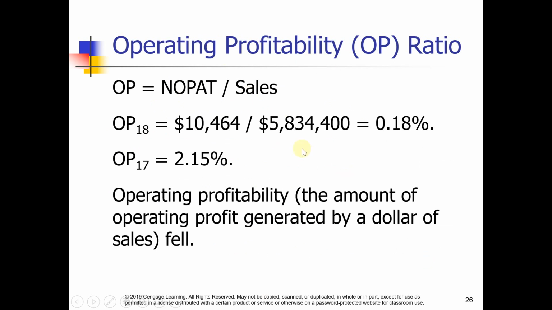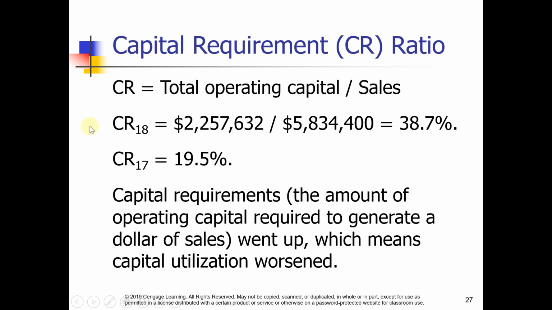It means how much operating profit you generated out of sales, and it has to do with controlling operating cost. In 2017 it was 2.15%, whereas in 2018, even though sales increased, operating profit after tax did not increase as much, or in fact decreased, and became only 0.18. So the problem seems to be in the operation itself, because the firm failed to control its costs well.